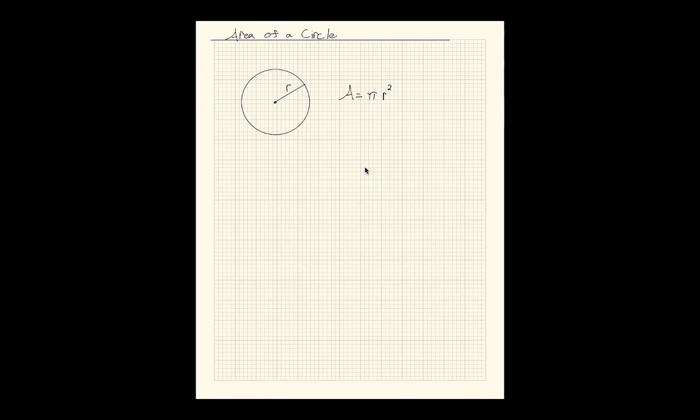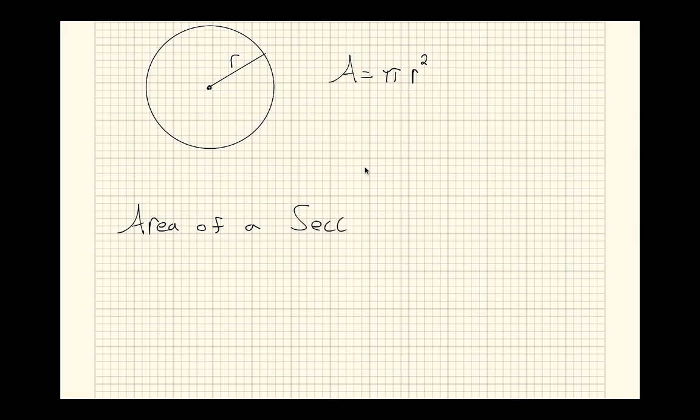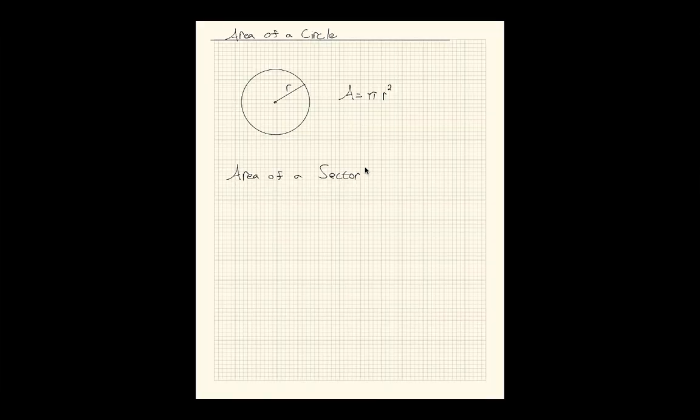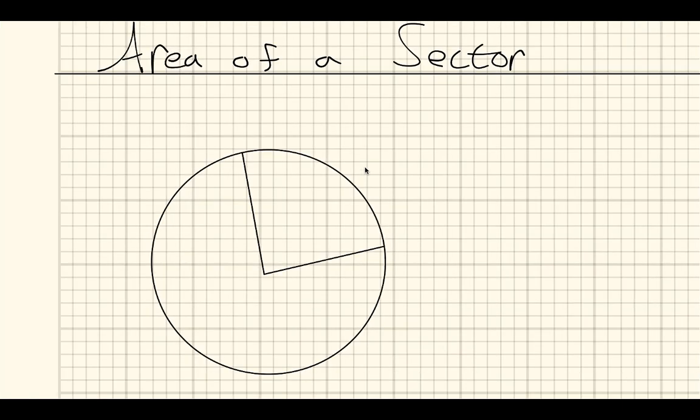Now, it's very similar to what we did with arc length yesterday when it comes to finding the area of a sector. All right, I kind of explained what I meant by area of a sector, but let me draw it out. Say you have just a certain portion that you want to find. Let's say this is x degrees, some angle measure here.